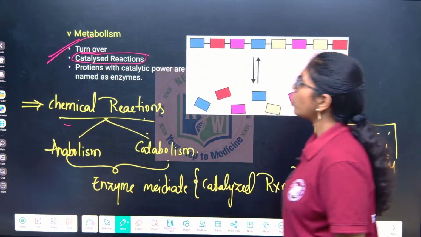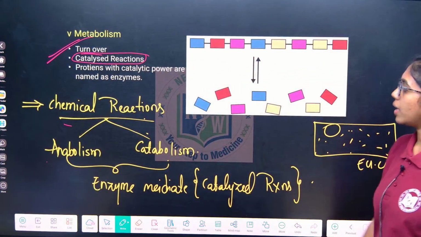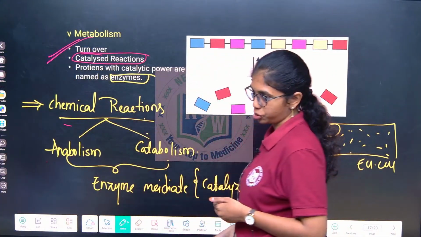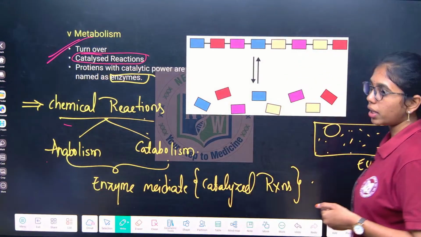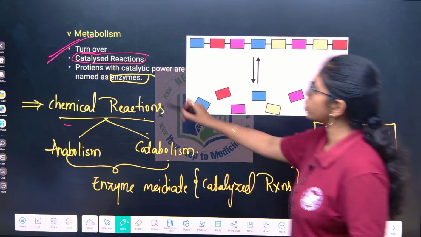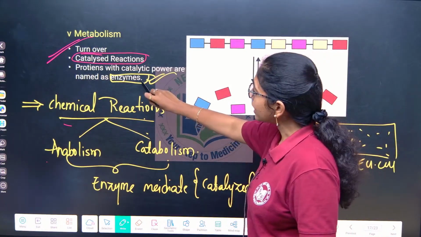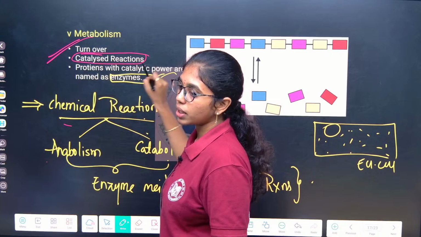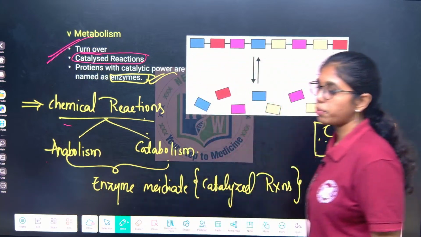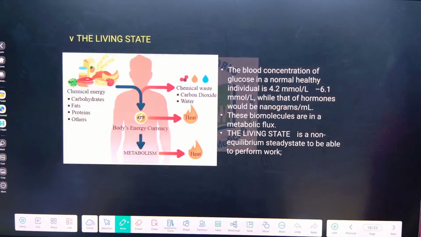Proteins with catalytic power are called what? Enzymes, which speed up the reactions. Both anabolic and catabolic reactions, those proteins which speed up those reactions are called enzymes. All enzymes are proteins, but not all proteins are enzymes. Important statement.